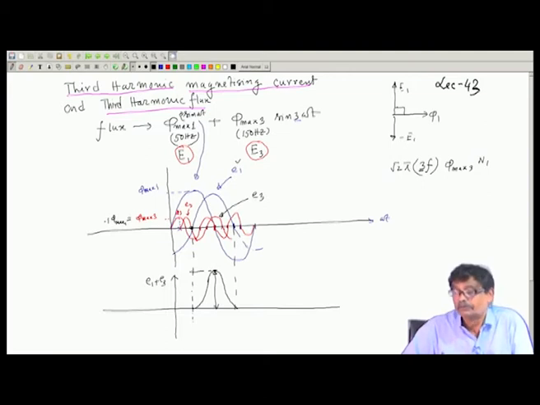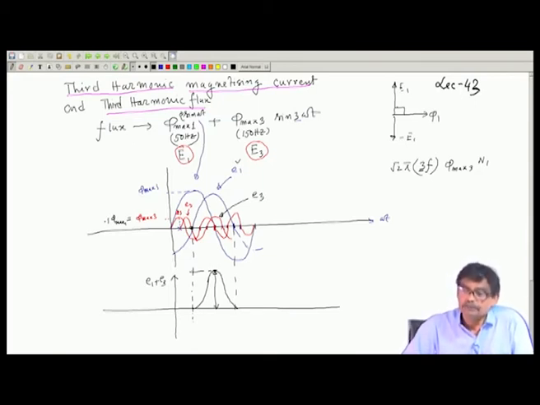Suppose we have not thought about third harmonic flux and we designed the transformer for the normal way, okay, 220 volt, fundamental 220 volt comes, induced voltage is also 220 volt. Based on that, suppose we have designed the insulation level, but now I find that every 20 millisecond there will be two peaks and whose voltage will be 1.3 times the rated voltage. So, insulation will be stressed.